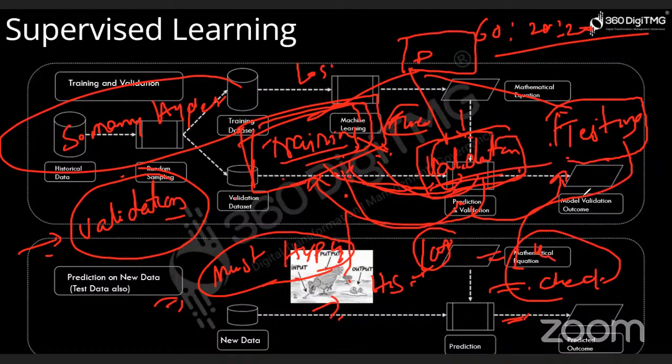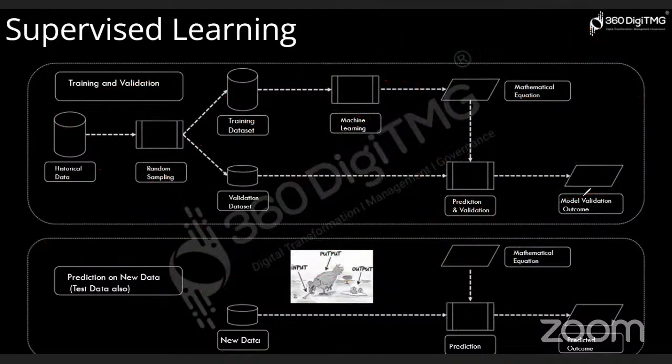In that case, you will come to know whether the accuracy you are getting is exact accuracy or a biased accuracy, whether the machine learning model you are training is really learning or simply copy pasting. You'll come to know that when you supply the testing data set.